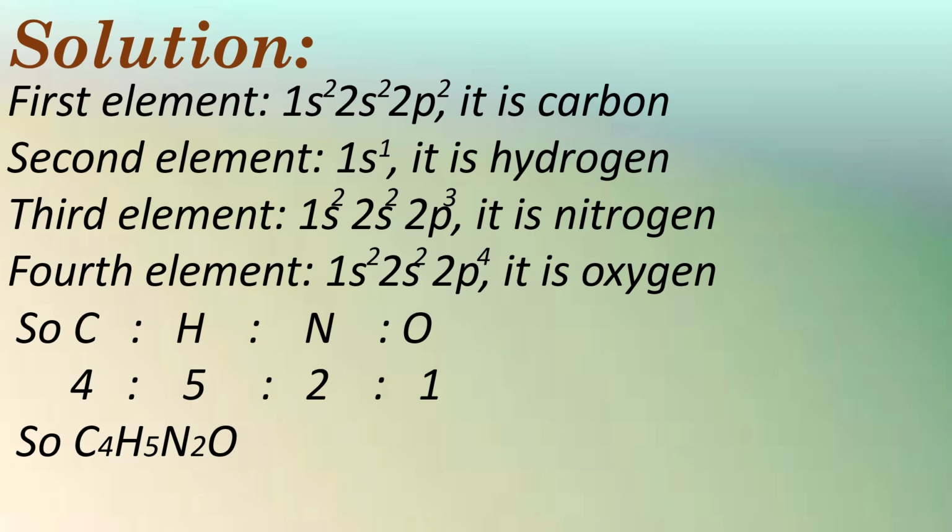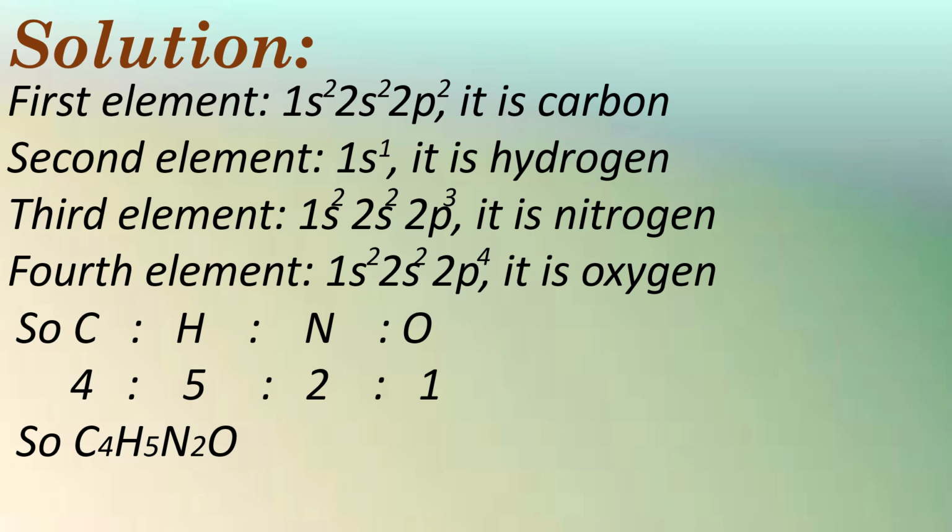Third element 1s2, 2s2, 2p3, it is nitrogen because when we add 2 plus 2 plus 3 it becomes 7. 7 is the atomic number of nitrogen. Fourth element is 1s2, 2s2, 2p4, it is oxygen because if we add 2 plus 2 plus 4 it becomes 8. 8 is the atomic number of oxygen. So we have detected the elements carbon, hydrogen, nitrogen and oxygen.